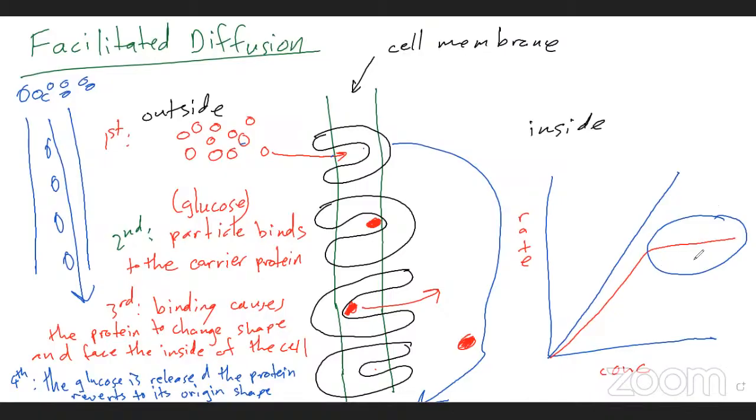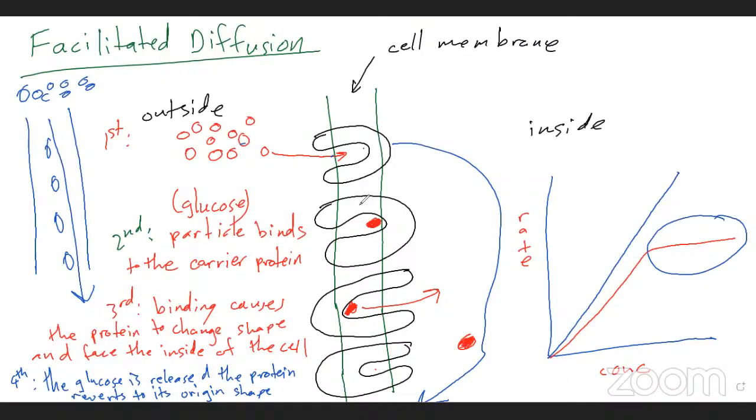But the rate of the diffusion is not increasing. It means that the problem is not with the concentration of the particles. The problem would be with the proteins, because it is the proteins that are transferring them from the outside to the inside. So when you increase the concentration, the rate will increase up to a point.